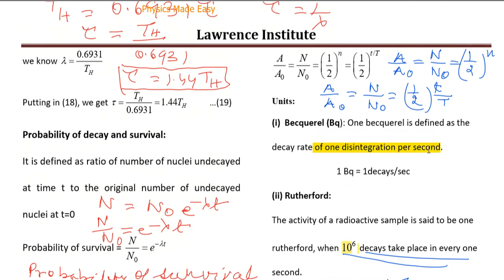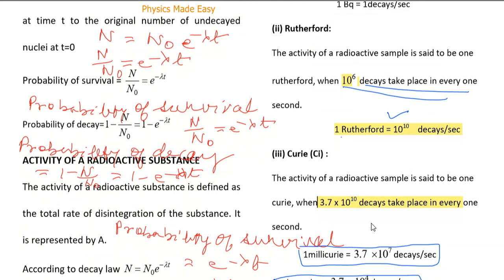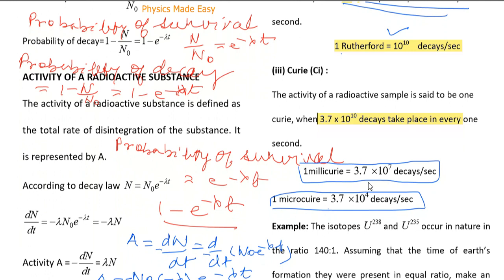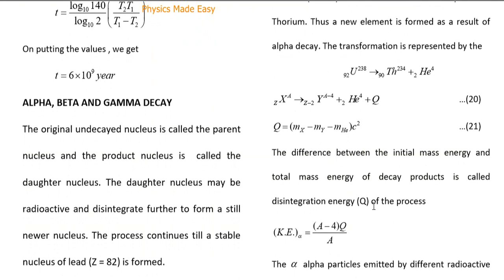First of all, Becquerel is 1 decay per second, Rutherford is 10 raised to power 6 decays per second, and then Curie is 3.7 into 10 raised to power 10 disintegrations per second. Millicurie is a practical unit, 3.7 into 10 raised to power 7 decays per second. And then we have got microcurie, 3.7 into 10 raised to power 4 decays per second.